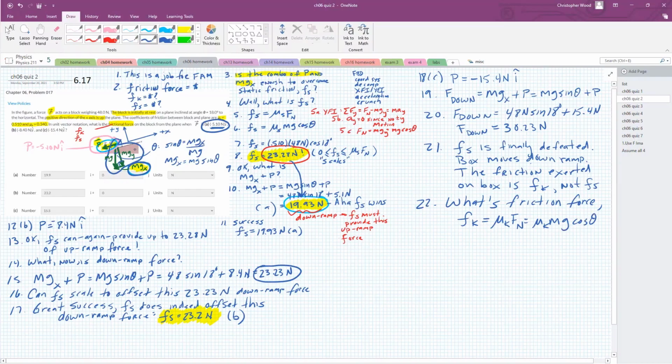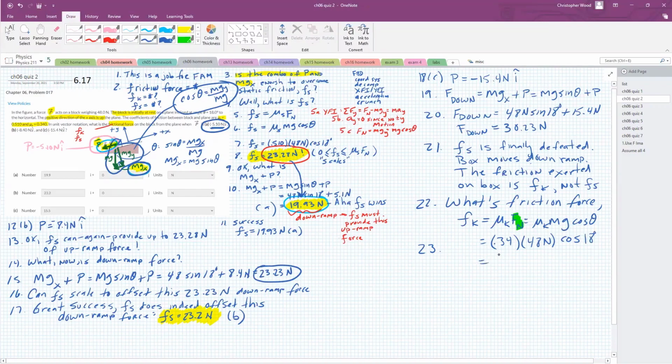And again, just one more triangle game. If cosine of theta equals side adjacent, mgy, over hypotenuse, this is how I'm getting mg cos theta for F sub N. Okay, so now just plug in numbers and you'll be done with part C. I've got mu sub K, which is 0.34, no units, times mg, which is 48 newtons, times cosine of 18 degrees.